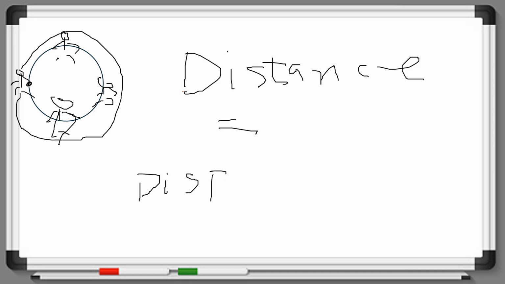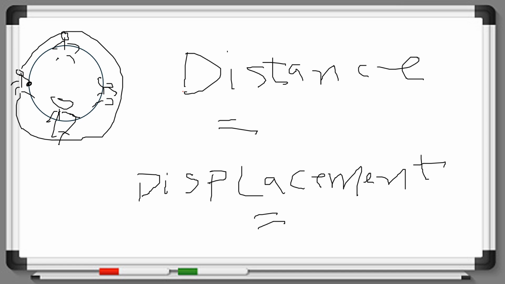Do you have any idea? I just explained displacement to you. Now remember the definition of distance. What did I tell you about the distance? Distance can be positive, it cannot be zero, and it cannot be negative. So we are traveling here in the form of a circle. We are covering a circle. So what is the circumference of a circle? Circumference of a circle is 2 pi r. The total distance traveled by the person is the circle.